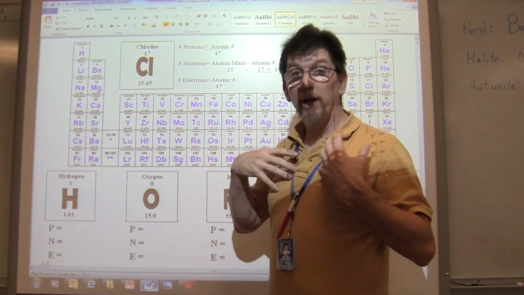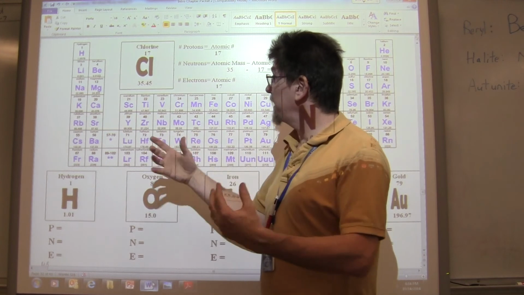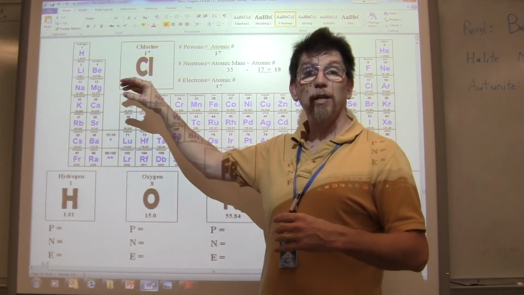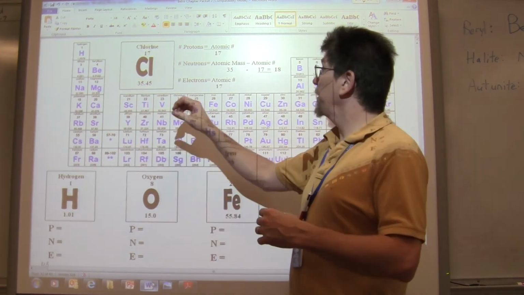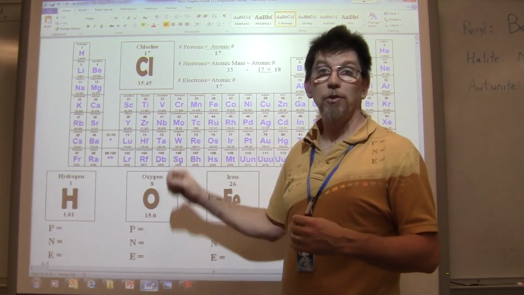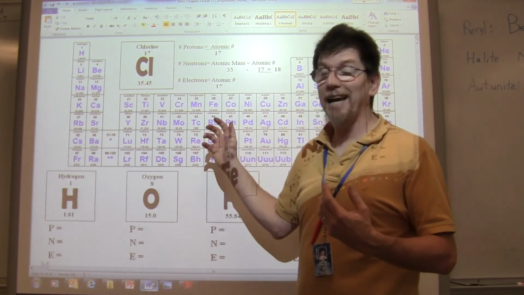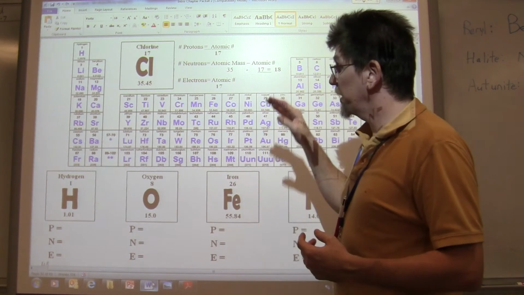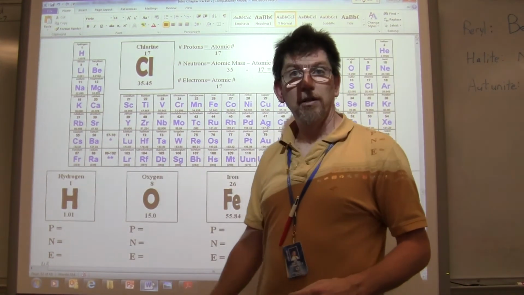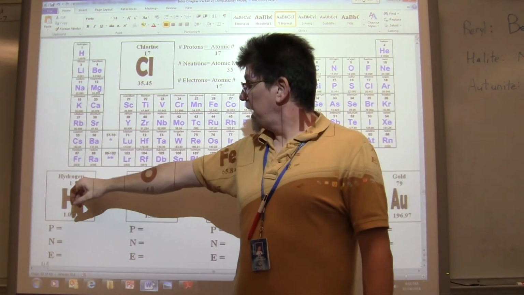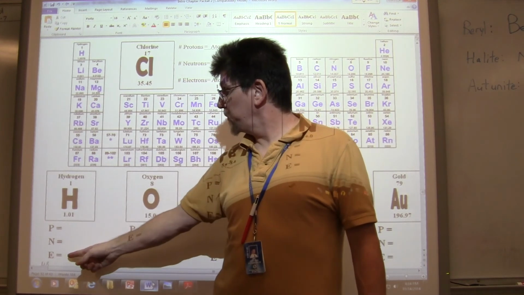So the way we are going to do it, unless otherwise stated from the periodic table, we'll round to the nearest whole number and we will subtract the protons from the atomic mass to get the number of neutrons. So for hydrogen down here, we have an atomic number of 1, which means 1 proton, 1 electron.